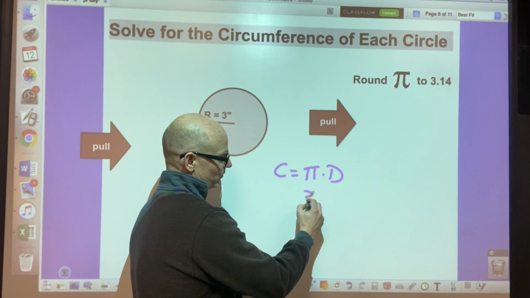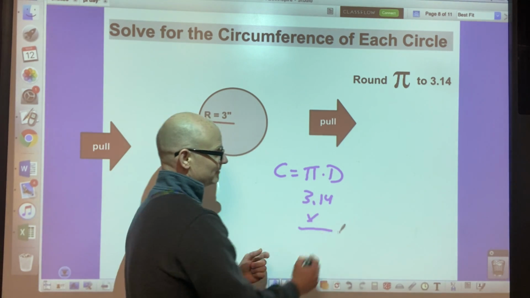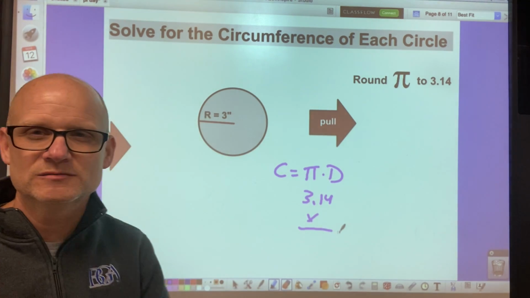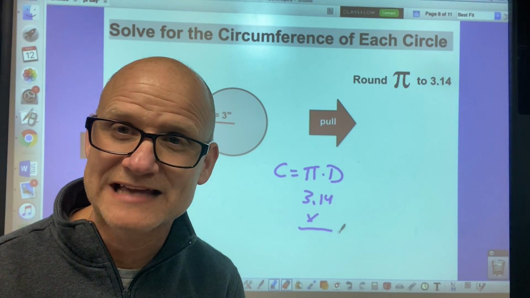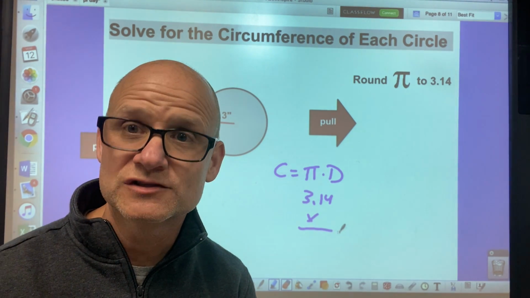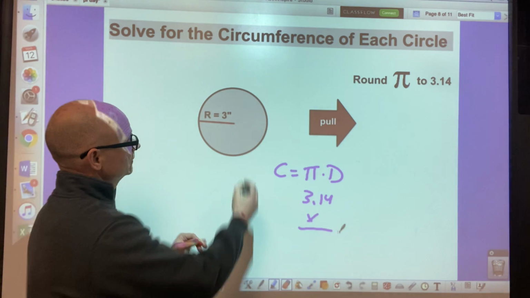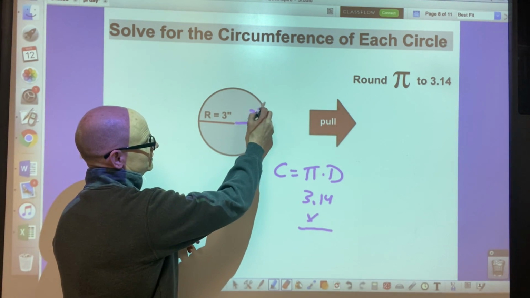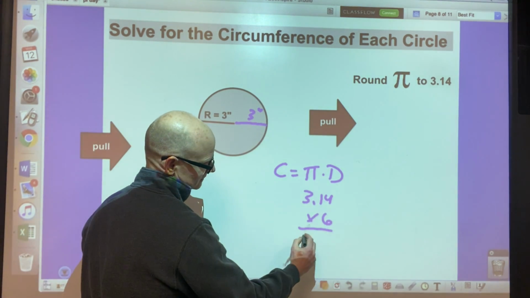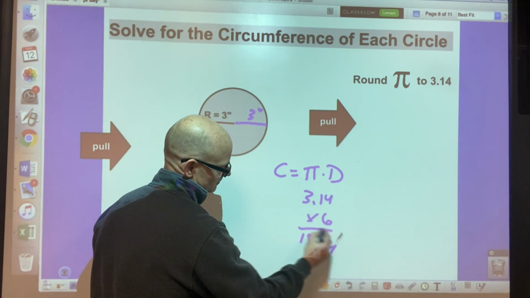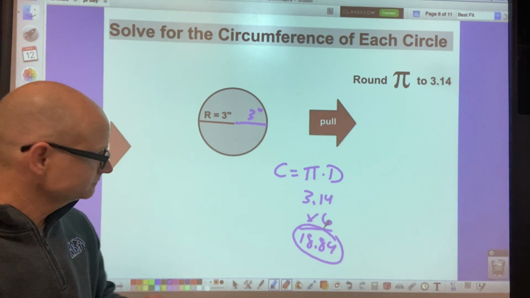So it's 3.14, but it's not multiplied by 3. I know some of you guys did that. You should be multiplying by 6 because the radius is half of the diameter. The diameter is twice the radius. So draw another line segment, add another 3 inches. You should be multiplying by 6 and then get the same answer as the last problem, 18.84.